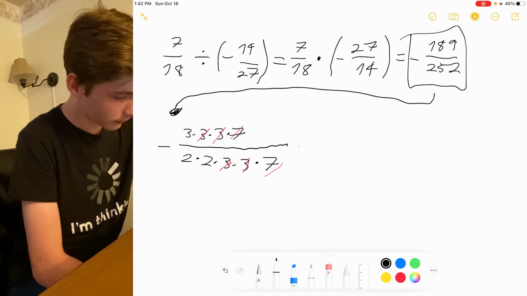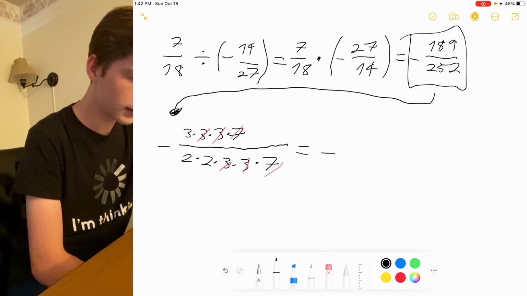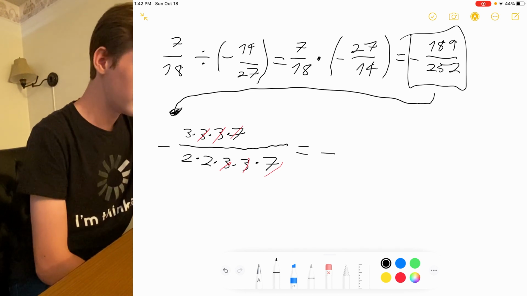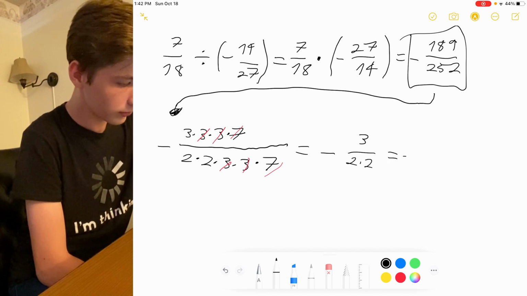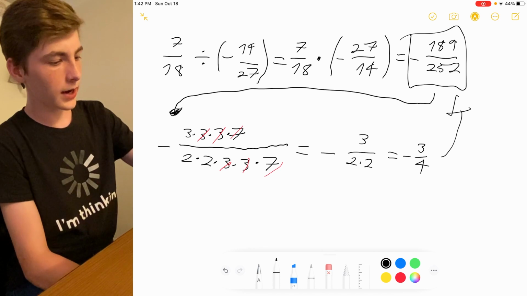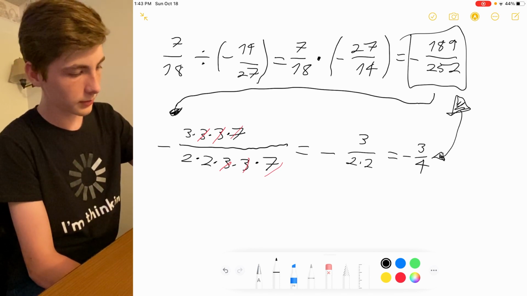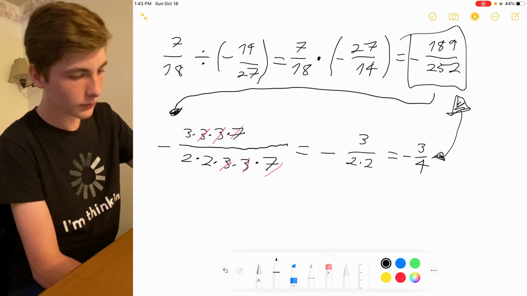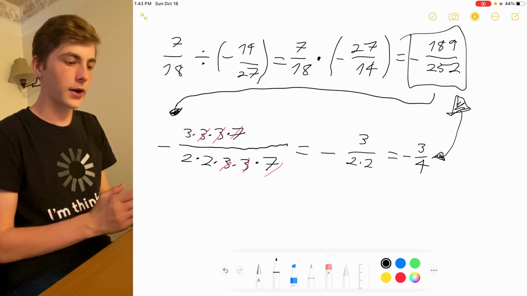And so now we're going to be left with negative. Always keep that negative sign. Don't forget it. And this is 3 over 2 times 2, which is negative 3/4, right? So we had this huge fraction up here, and it became this tiny little guy down here, right? And so it's so much easier to deal with these small fractions.